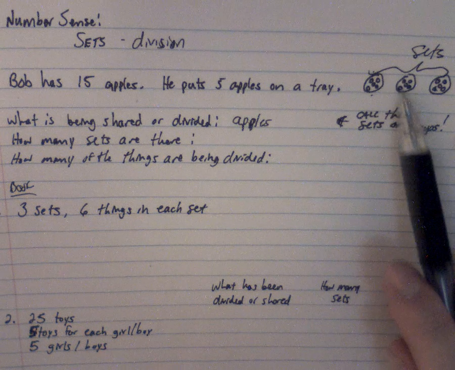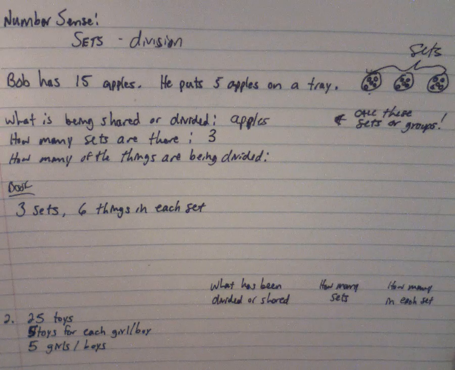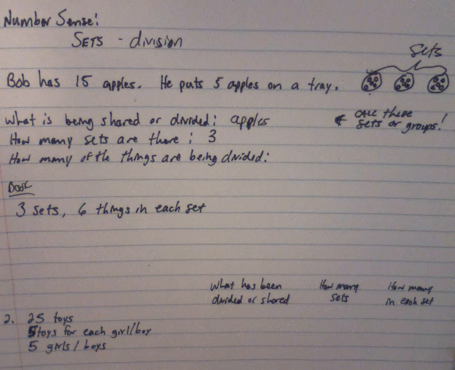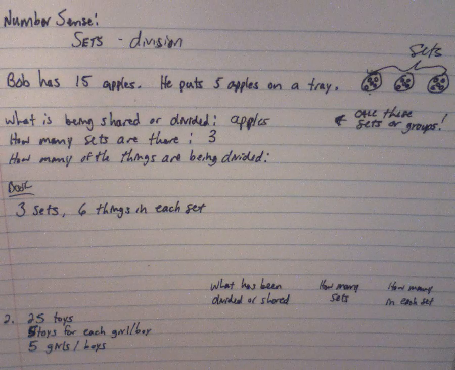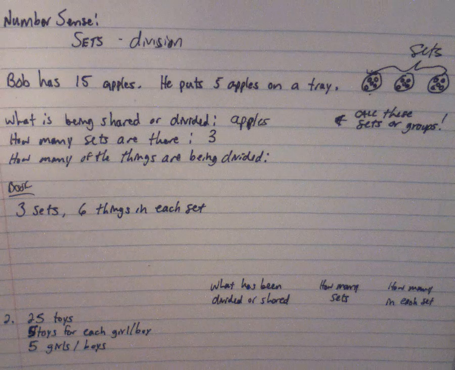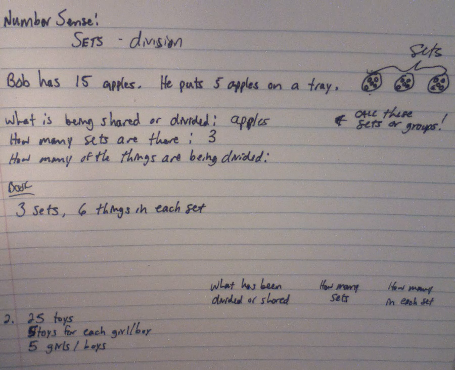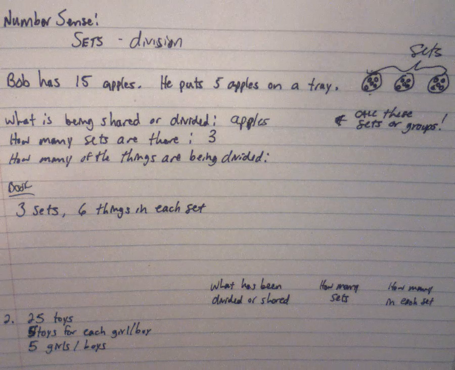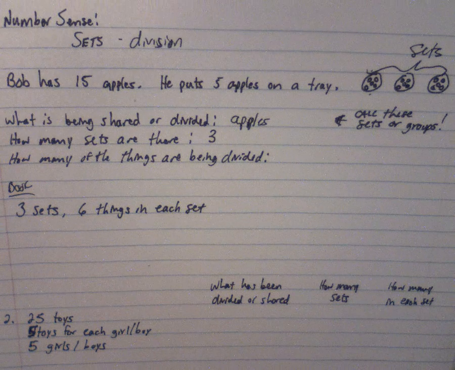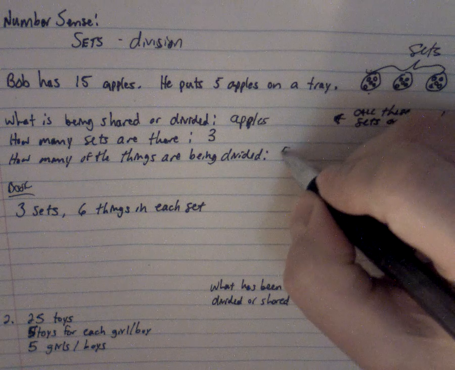Well, 1, 2, there's 3 sets. And then how many of the things are being divided? What we're asking here is what is in each set? Okay, so can you tell me what is in each set? 5.